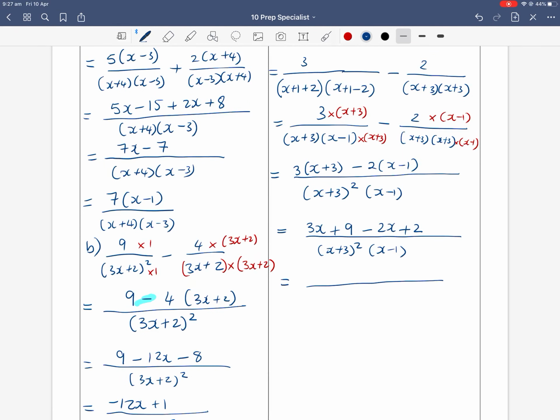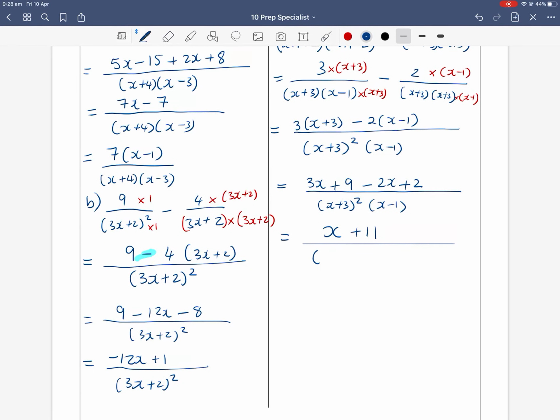Keep simplifying. So 3x minus 2x gives us a 1x on top. So we have x. 9 plus 2 is 11. And then the denominator is x plus 3 squared times x minus 1 in brackets.